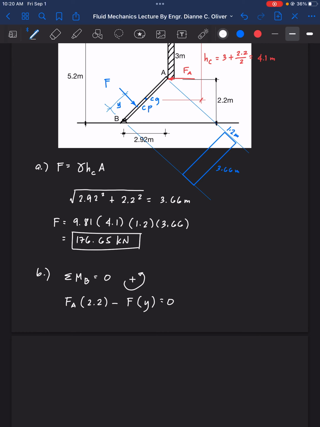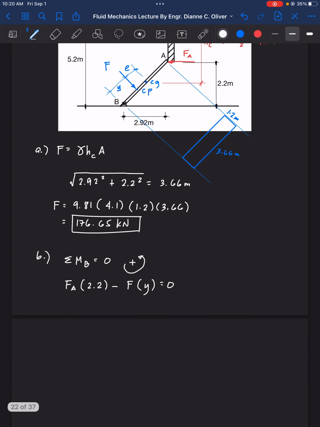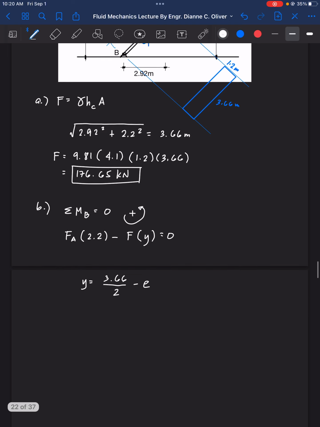Now how do we get the value for Y? Again, we will need to solve for the eccentricity E. So Y is equal to 3.66 divided by 2 for the center of gravity minus the value of E. Now what's the formula for E?